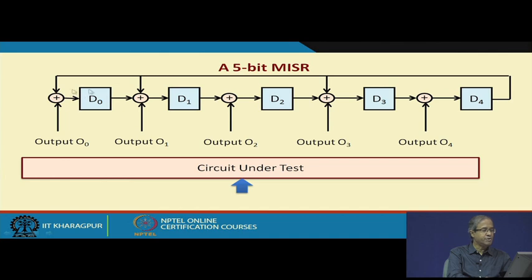Maybe I put it here, here and here, but for these two there is no connection. On the other side, we have added one additional input to these XOR gates. When I have a circuit under test, I am applying some patterns. There can be multiple outputs which are generated simultaneously. I feed them simultaneously on these lines, and this is how compaction takes place, right.